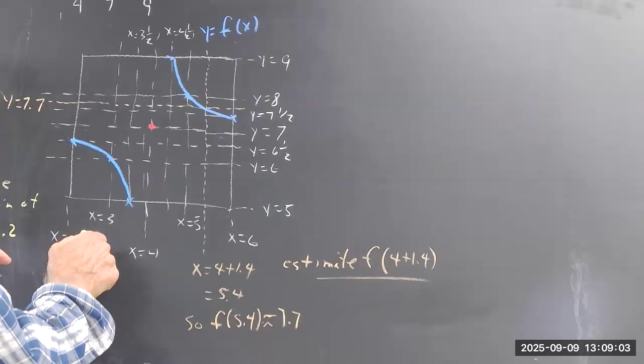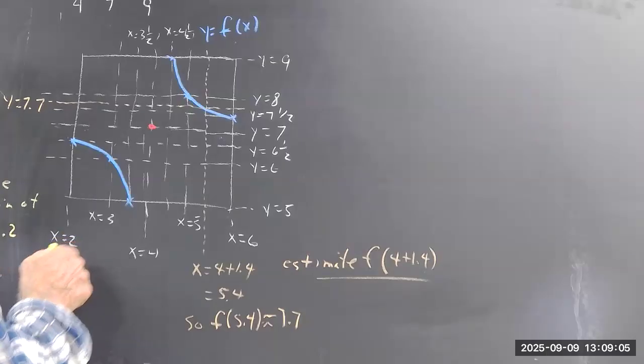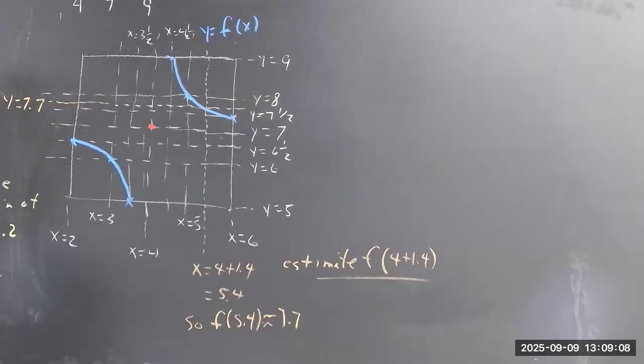Okay. Now, that would have been right, but it should be 7 minus 1.2, which would be 5.8. Okay, sorry for the confusion.